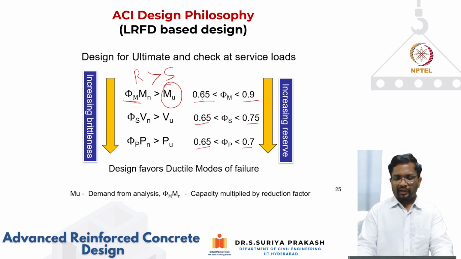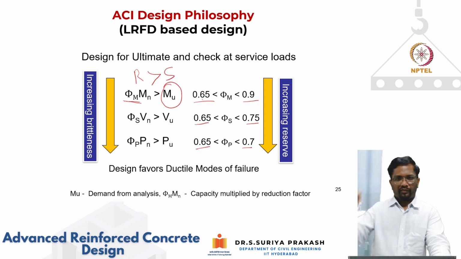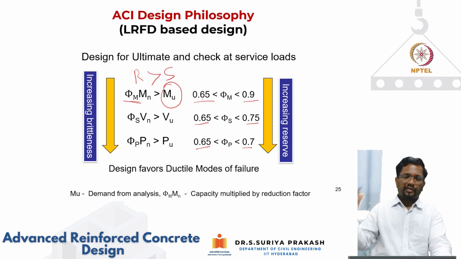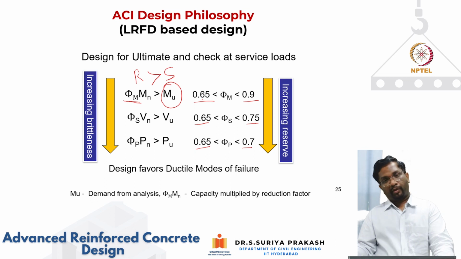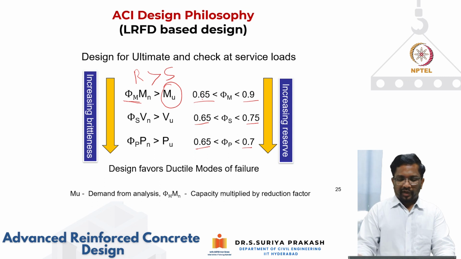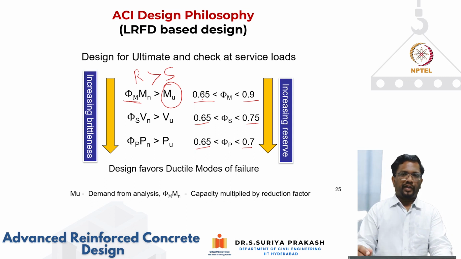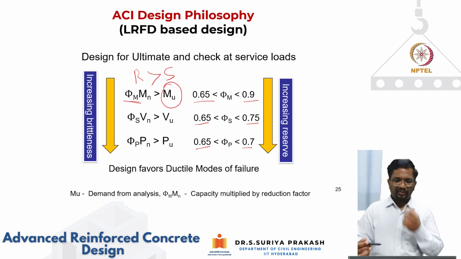You can see that in bending, you have again bending also. If you're designing a column under combined axial compression and bending, you can have a compression dominant failure mode also. So depending upon the failure mode that you have, your strength reduction factors are changing. Okay, so this is again one of the things that we need to consider.